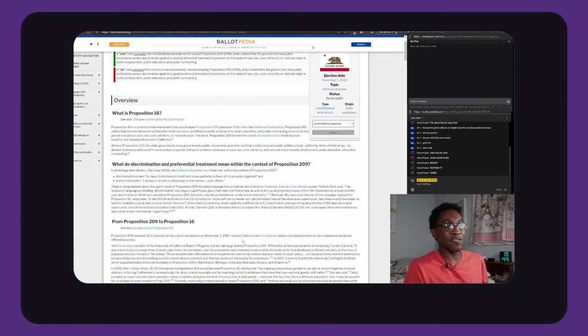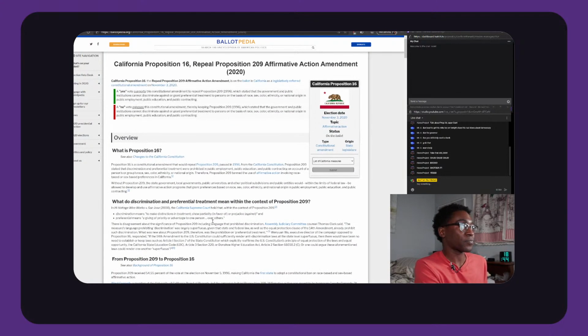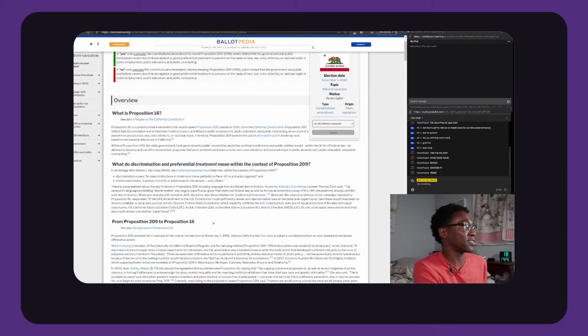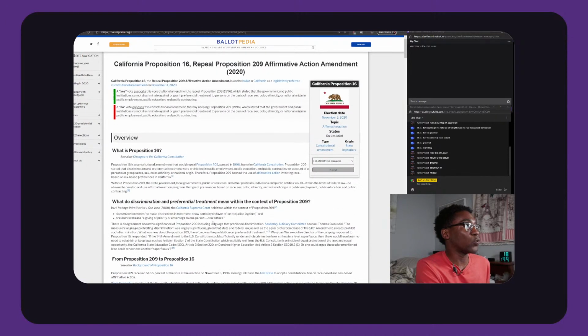And it's basically on if you can do affirmative action in a state, in entities that are controlled by the state. So this particularly relates to the University of California system and the California state universities, as well as applying for jobs. The idea of affirmative action, and a lot of people are saying it, was to remedy issues caused by America's history with racism and sexism and discrimination against people from marginalized backgrounds.